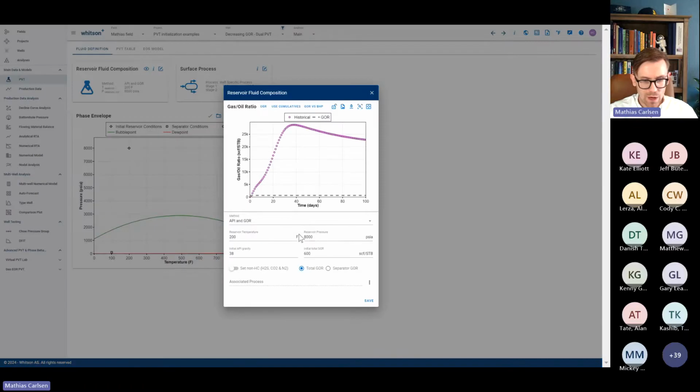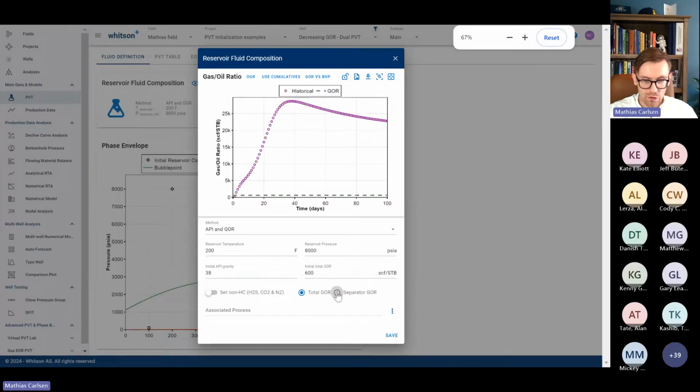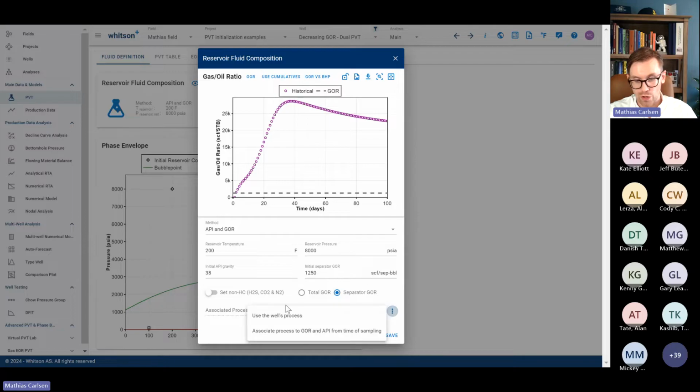If you have, for instance, separated GURs available, you could go in and input the separated GUR too. That would mean that, okay, this is 1250 scf per barrel at separated conditions. I can even associate a process or a condition to this time step, or in this case, I'm just assuming it's the same as my surface process.